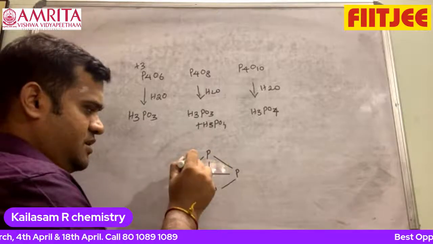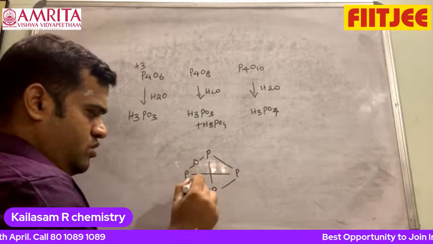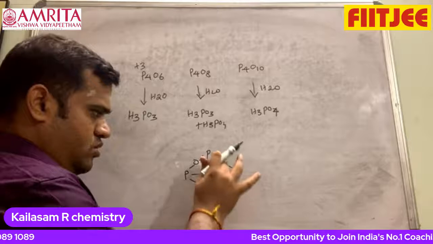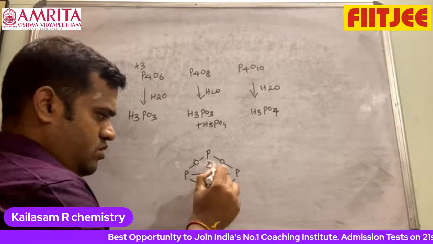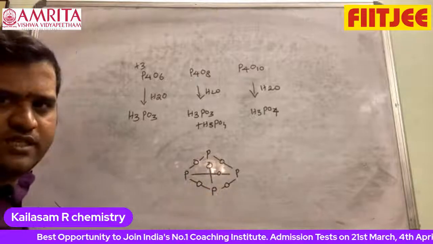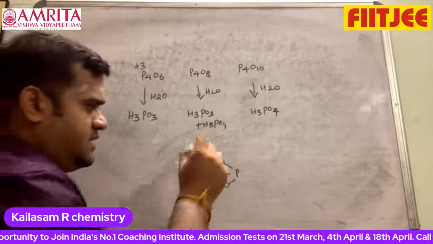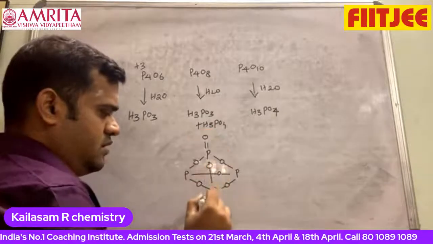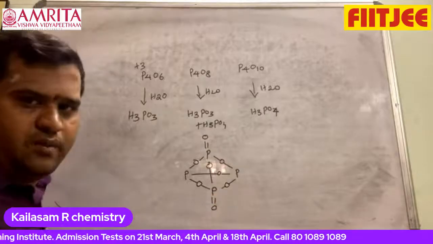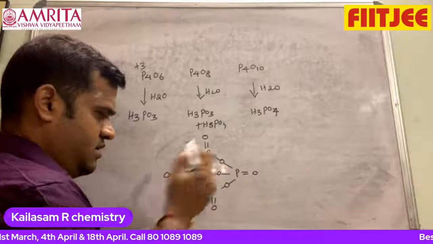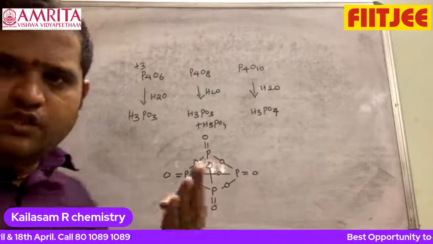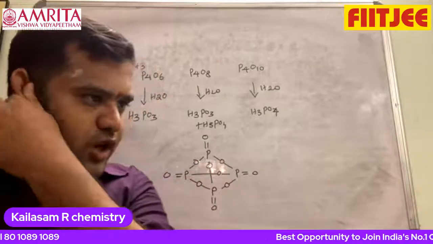Look at this, O. This is called P4O6. Now P4O8. That's all. P4O10. That's all. This is what you want to know.